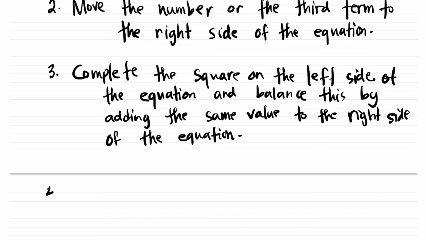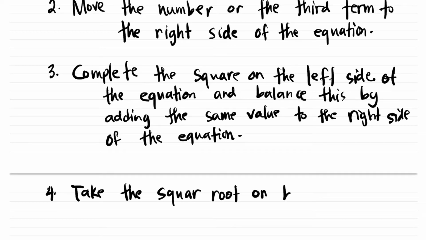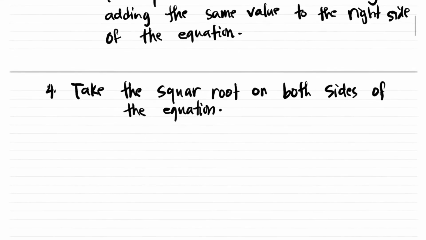Now we go to the fourth one. Alright, take the square root on both sides of the equation. Next we go for the fifth one.